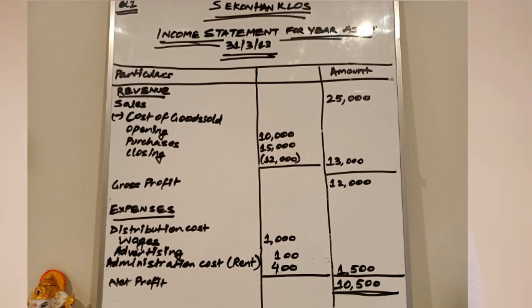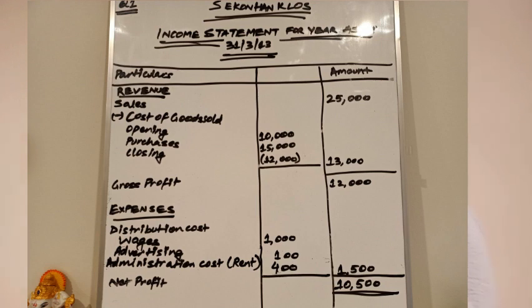So revenue, basically first heading is revenue, and then sales 25,000 less cost of goods sold, which is opening plus purchases minus closing, 10,000 plus 15,000 minus 12,000, which comes out to be 13,000, and gross profit is sales minus cost of goods sold, which is 25,000 minus 13,000, which is 12,000.